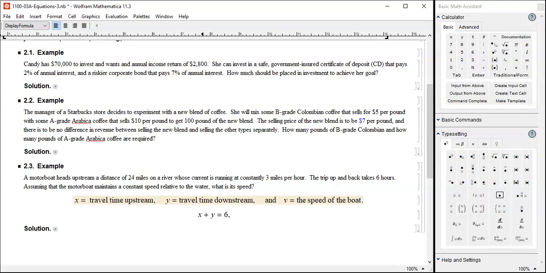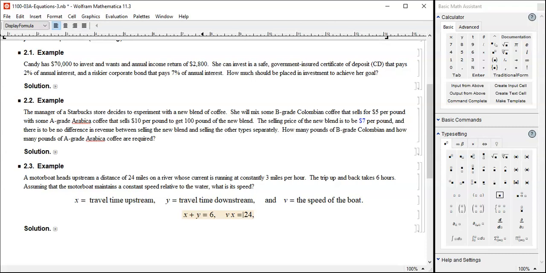And will that help you with the 24 miles? 24 miles upstream. So speed of the boat times the time, x, will give you 24. So speed times the time is gonna be 24, but this is wrong. Why? Upstream, you do not go the speed of the boat.